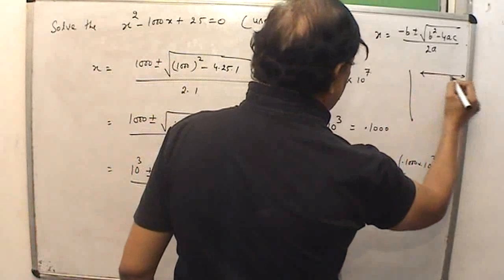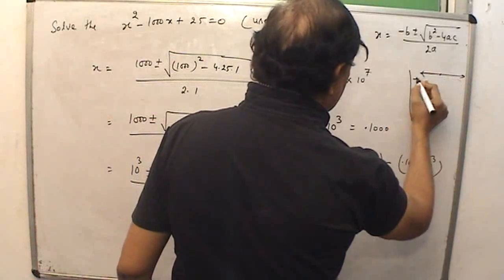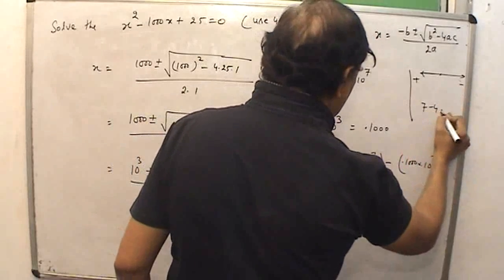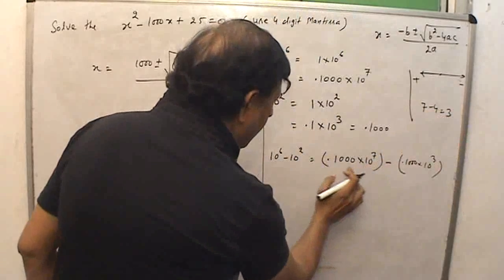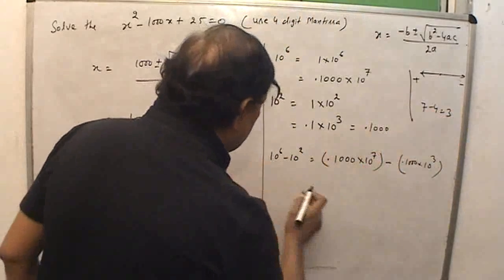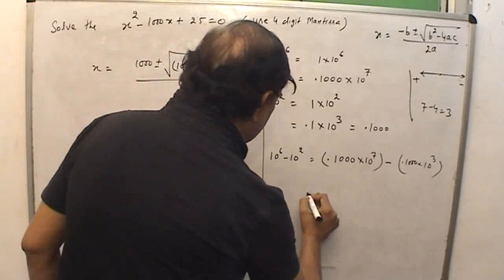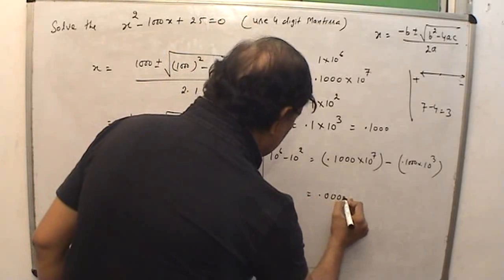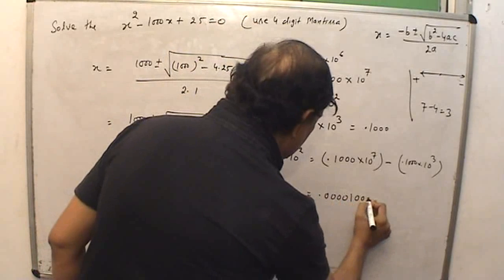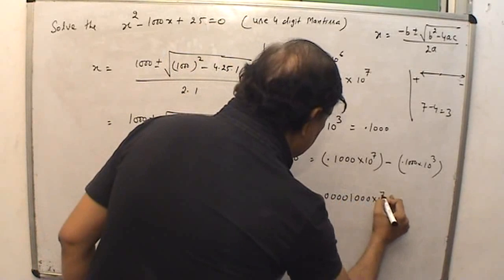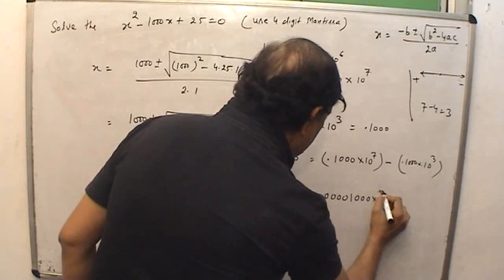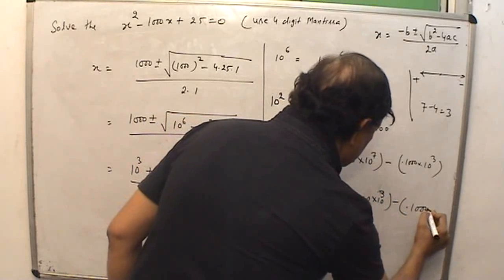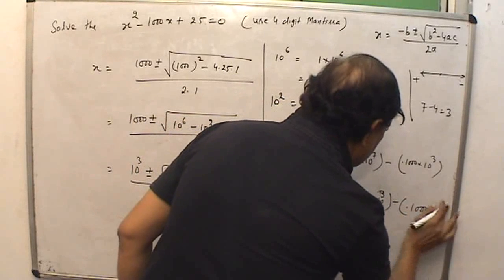Then 7 minus 4 is equal to 3, so we shift this decimal towards the left for the 4 digits. 0.000100 into 10 raised to the power 3 into 10 raised to the power 3 minus 0.1000 into 10 raised to the power 3.